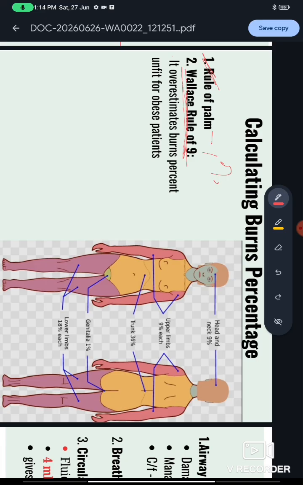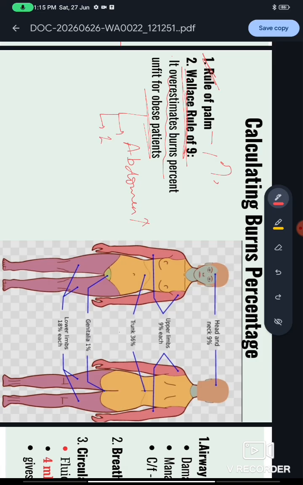Now there are two problems with it. First, it overestimates burn percentage, and second is that it is unfit for obese patient. Why? Because if the patient is obese, then the abdominal area will be more than what is given here.